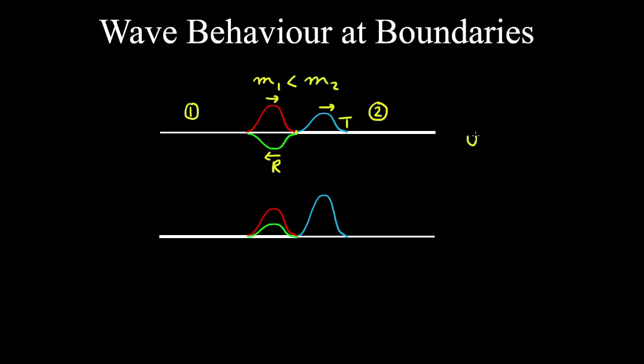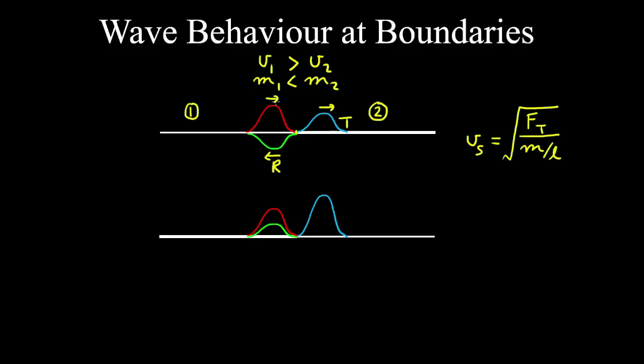So recall that the wave speed in a string was equal to the square root of the tension force in the string on the mass per unit length of the string, being the linear density. So if m1 is smaller than m2, then the wave speed in medium 1 is going to be greater than that of medium 2.